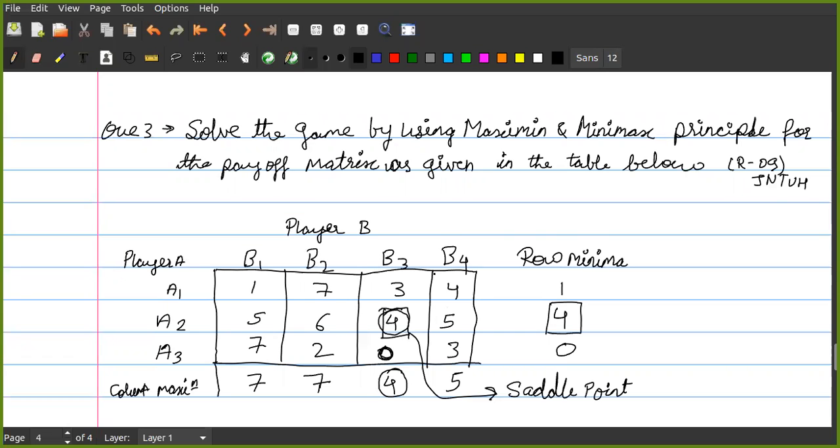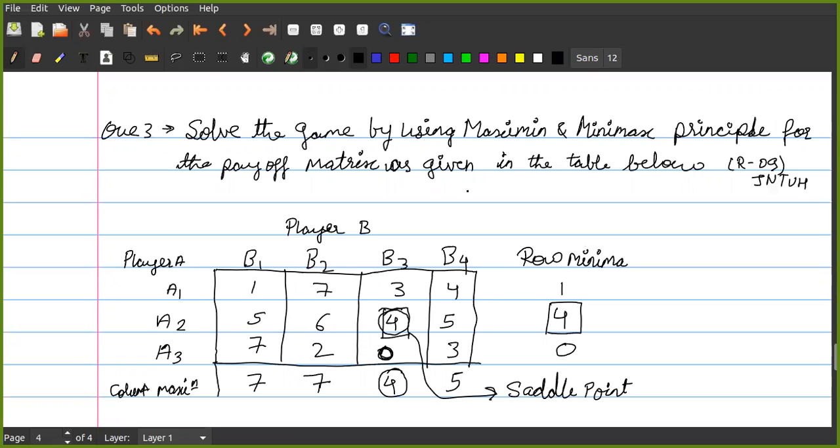If I just draw it and keep it like this, will you be able to understand it after some time? No, sir. That's why you have to draw separate tables. Good.